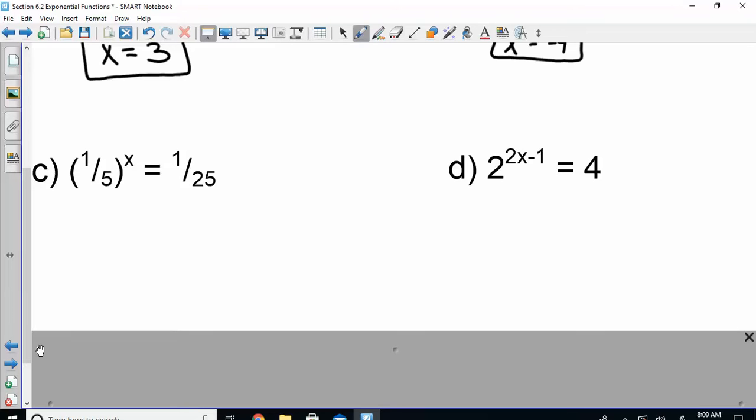Okay, C. 1/5 to the x power equals 1 over 25. Thoughts?